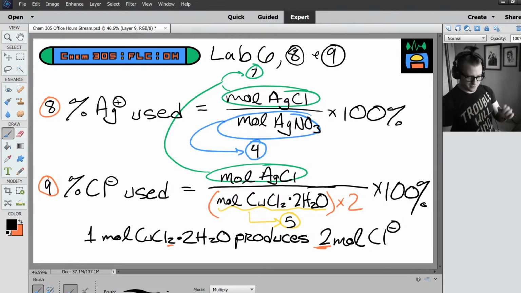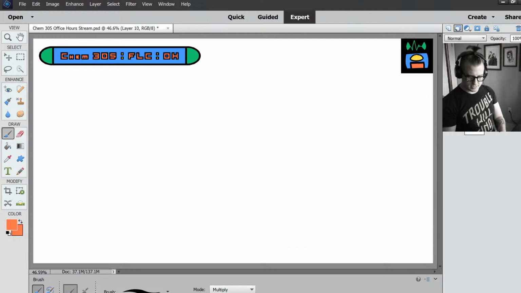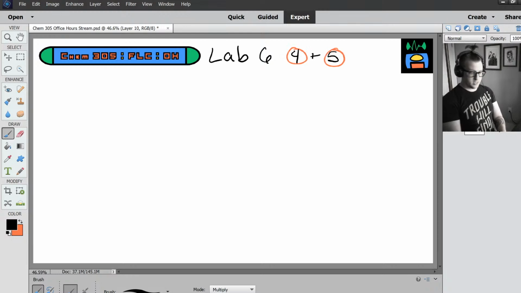Okay, so that will give you enough to start on, but you actually have questions on how to do steps 4 and 5. So let me just do this while we're talking about Lab 6. Steps 4 and 5 of the data analysis.